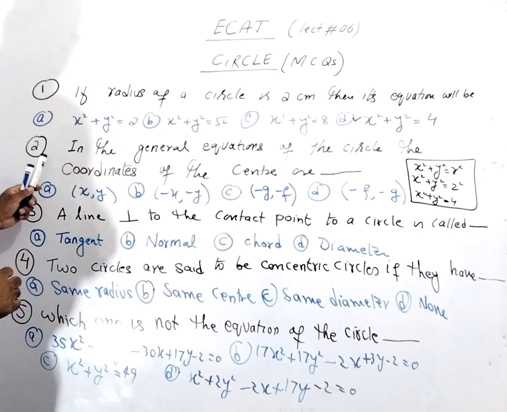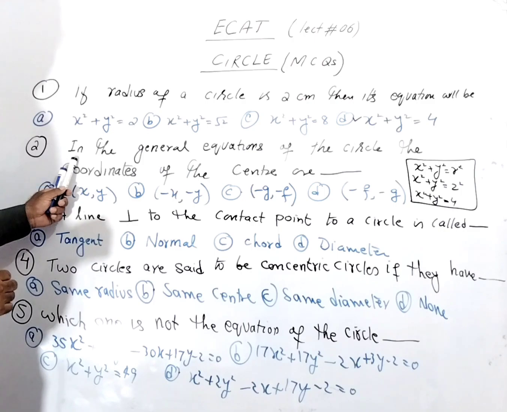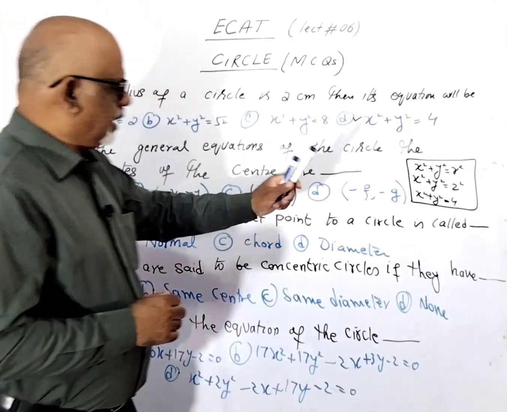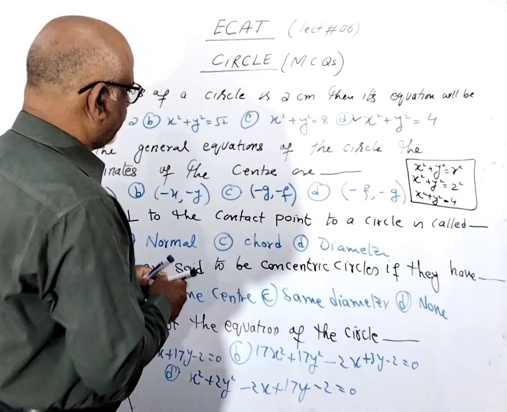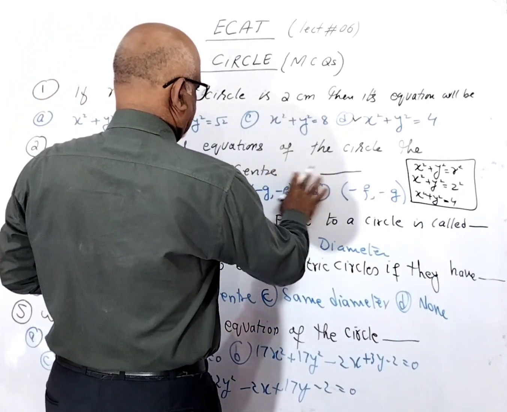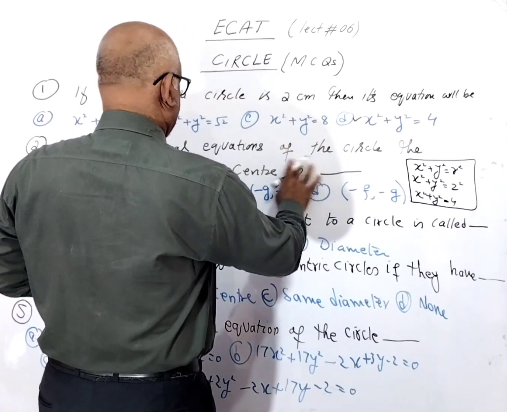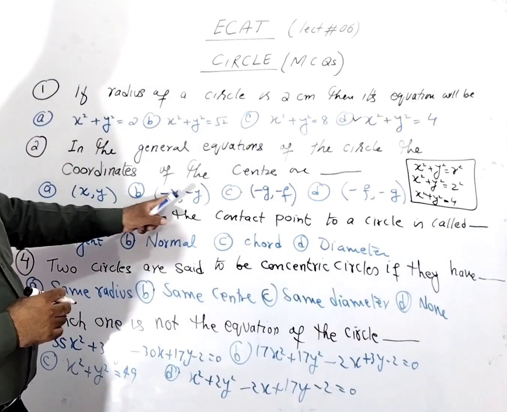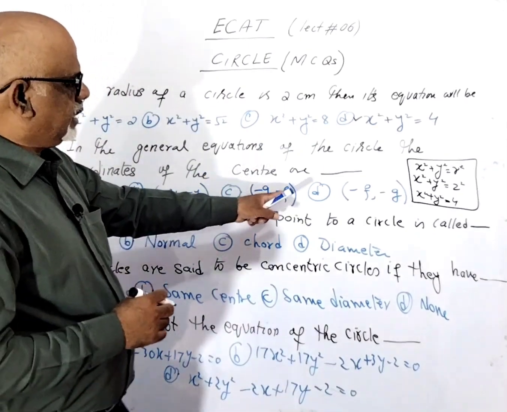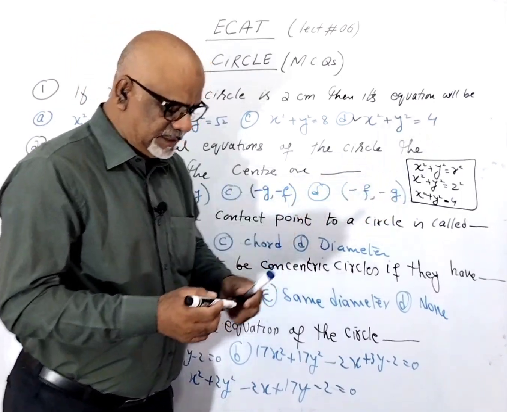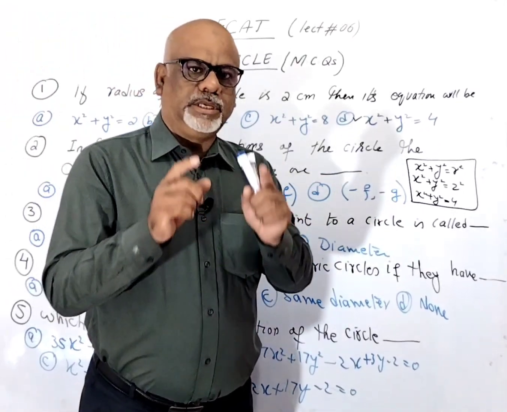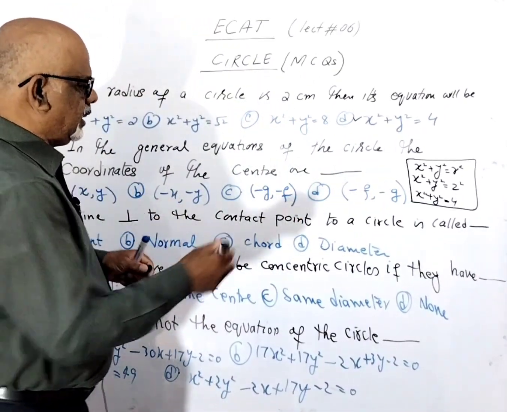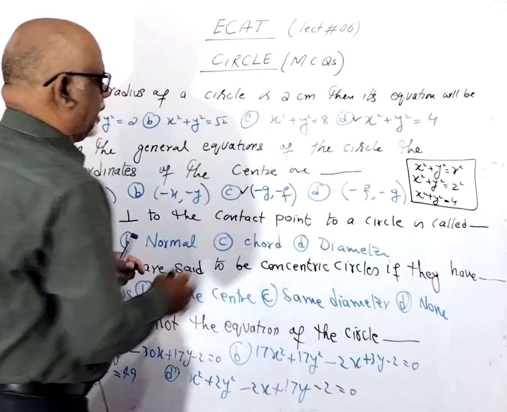Now come to the second MCQ. In the general equation of the circle, the coordinates of the center are... When we are talking about the general equation of the circle, the center is minus g, minus f.